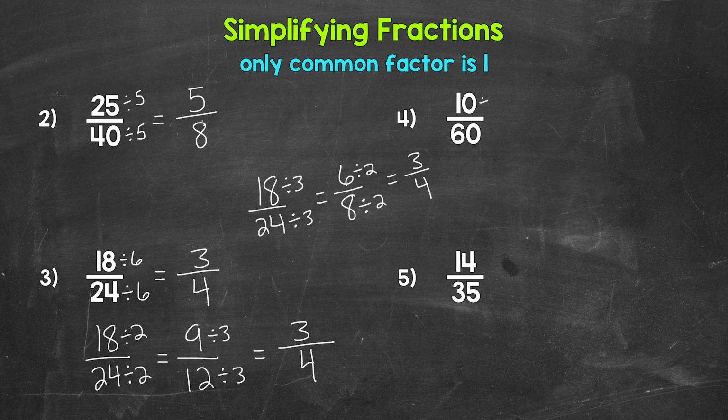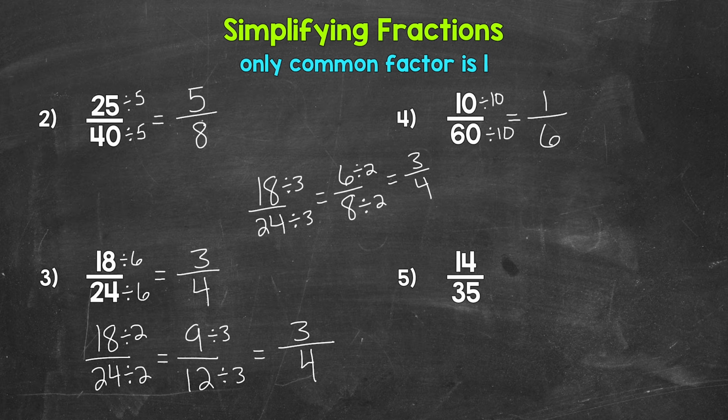So we need to do 10 divided by 10 and 60 divided by 10. 10 divided by 10 gives us 1, and 60 divided by 10 gives us 6. So we end up with 1/6. The only common factor between 1 and 6 is 1, so we are done here.